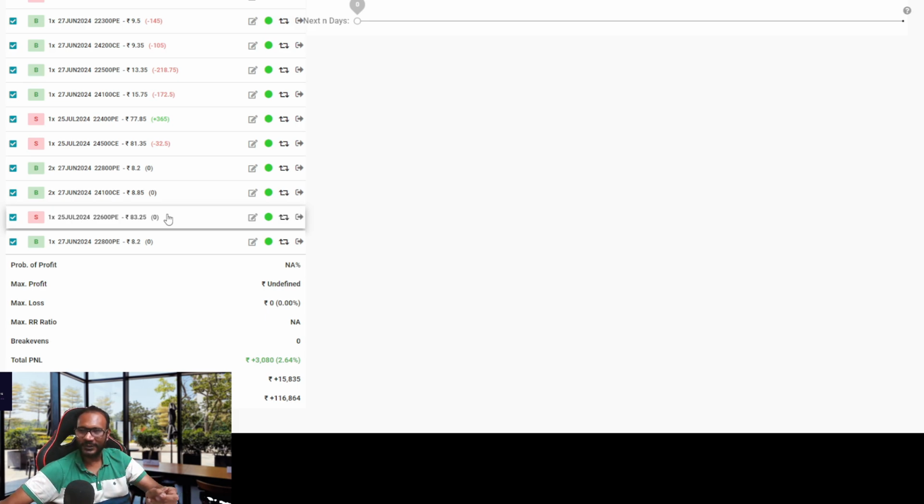Although the market is going down, this is appreciating, and this is increasing from 83, it has become 250, let's say, and this has become only 100 rupees, 150 rupees I am losing. But the call side is already super high, that will be eroding much faster. Probably this has become 83 to 250, and on the other side from 400 it will become say 200 or something like that. So at any point in time I'll be gaining more, there is no doubt about it.